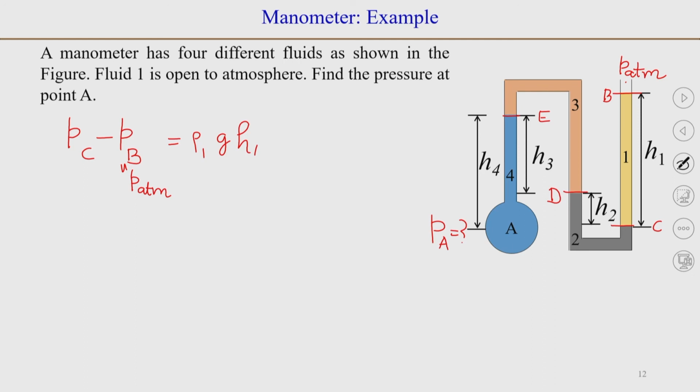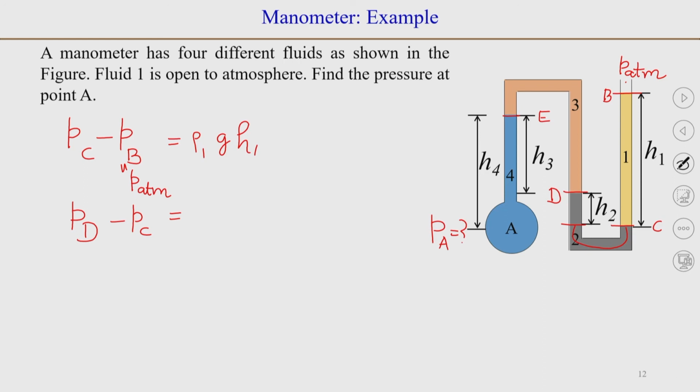Now, we will find the difference between pressure at point D and point C. We know that the pressure at point C and at the same location in this fluid is the same, because this is a continuous fluid region, and so at the same height the pressure will be the same.